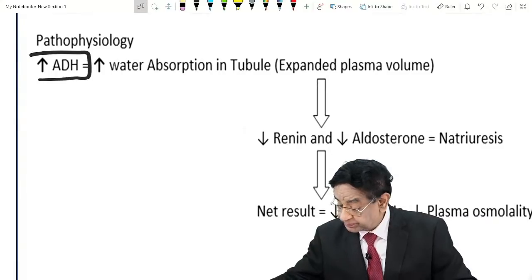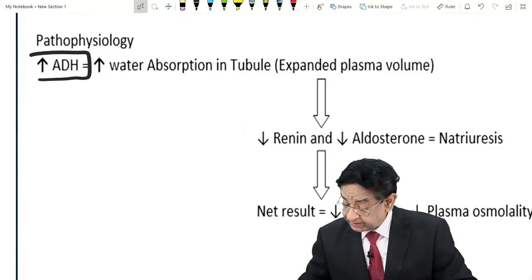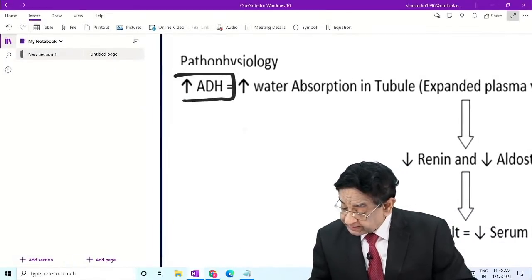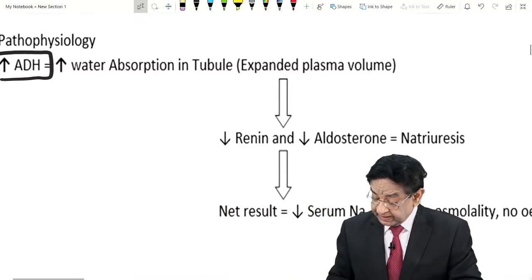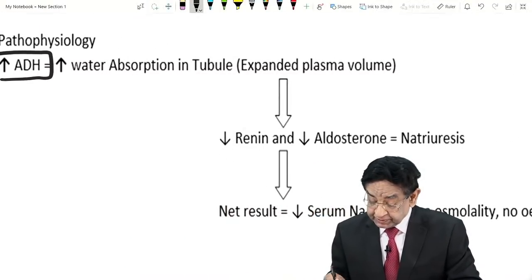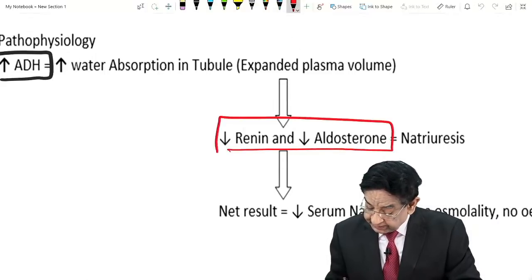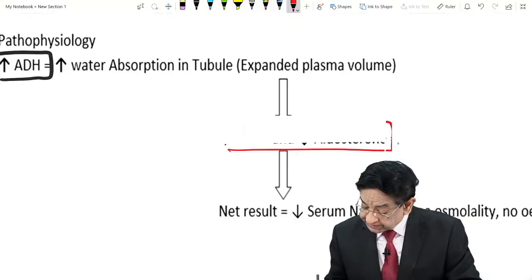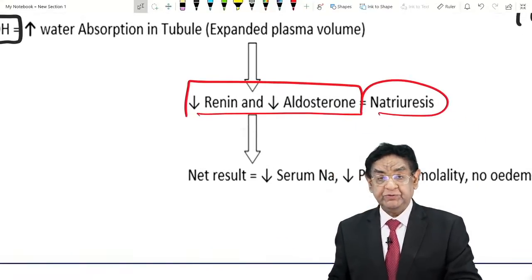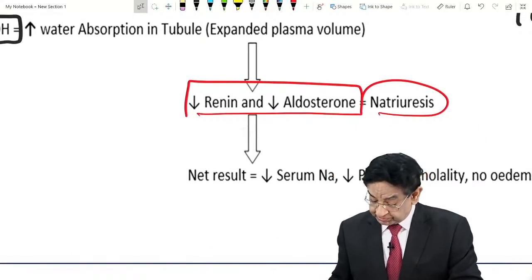That leads to reduced renin, and that leads to reduced aldosterone, and that leads to natriuresis with water also.